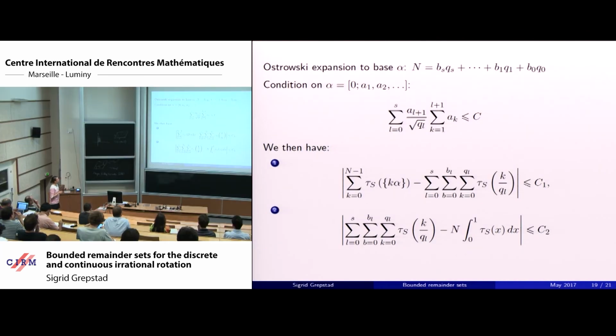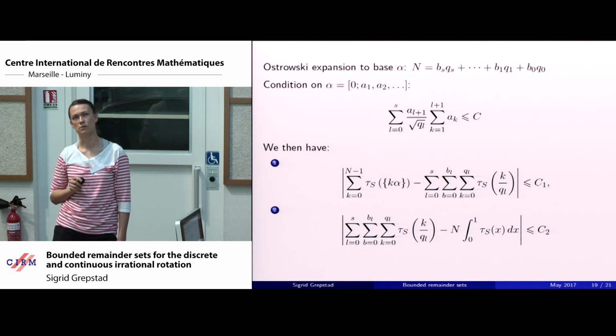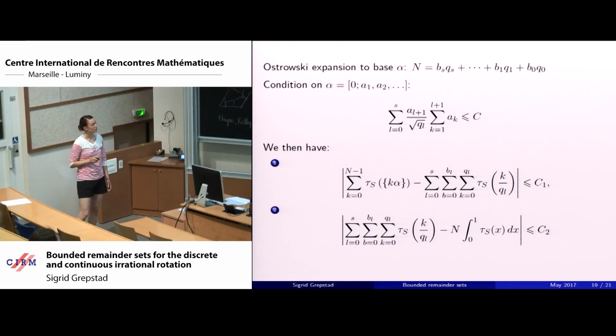Given any alpha, we write its Ostrowski expansion to base alpha, which has a unique expansion of this form, where the qi's are now the best approximation denominators of alpha. And then we impose a condition on alpha. So this is now the continued fraction expansion of alpha, and we impose this condition that this quantity is less than some constant. So this will be the case for almost every alpha, where again the qi's are the best approximation denominators.